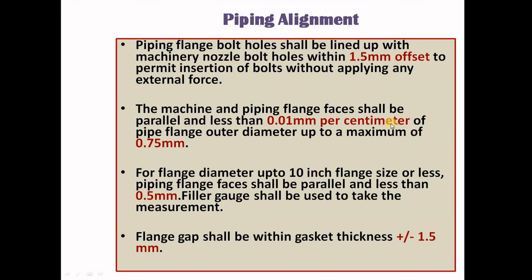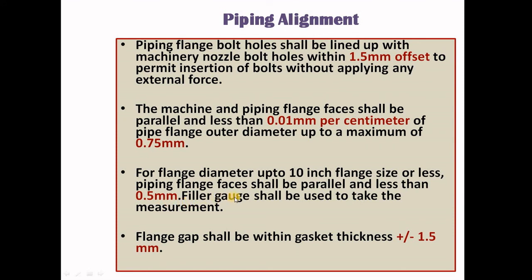The bolts we are going to use to connect the pump suction and discharge nozzles with the suction and discharge flanges should have an offset of maximum 0.15 millimeter, and the taper or misalignment of the nozzle with the flange should be less than 0.1 millimeter per centimeter of pipe flange, and it should be maximum 0.75 millimeter. If the flange diameter is up to 10 inch, then it should be 0.5 millimeter.